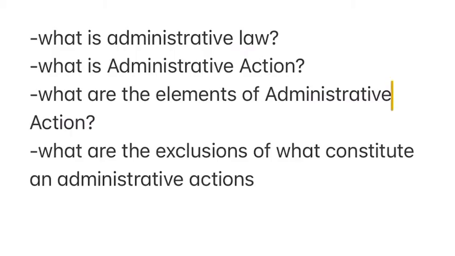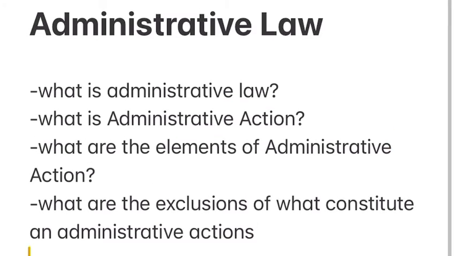By looking at those, you should also look at the exclusions. After looking at the elements and the exclusions, you'll be able to identify an administrative action. Below I'm going to give an example, and then show you how to identify an administrative action.